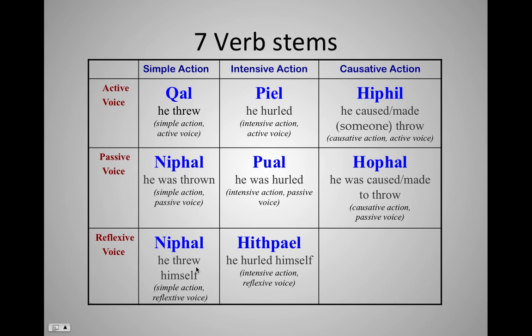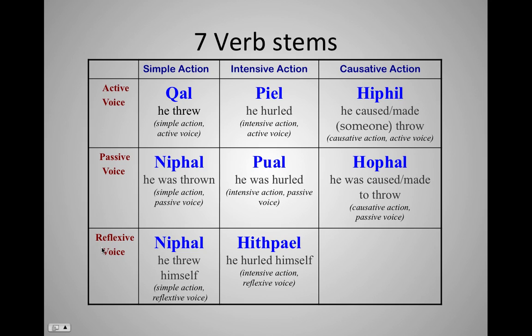He's throwing something, but he's throwing himself, that is, he threw himself down. That sentence conveys what we mean by reflexive voice. There's an action that the subject is performing upon itself. So we have those 3 types of voice in Hebrew: active, passive, and reflexive.